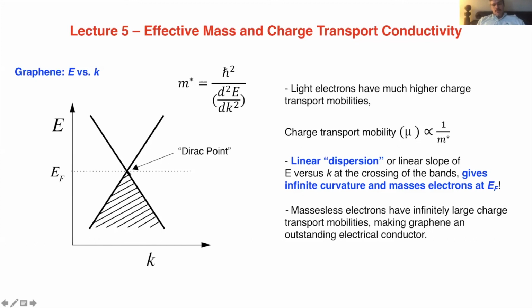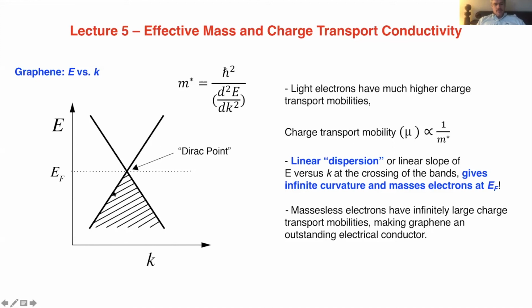And right at this point here, where the curvature is effectively zero, these two lines cross. Sorry, I think I said that in a very confusing way. So right here at the top, you can think about this as kind of like the valence band, and this is the conduction band in this semi-metal.